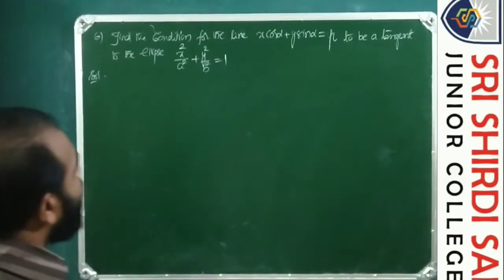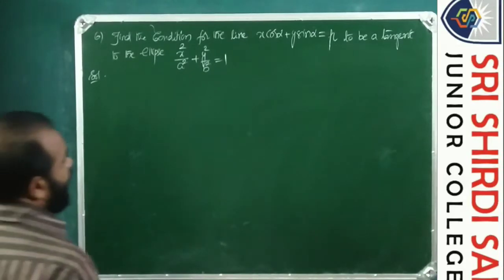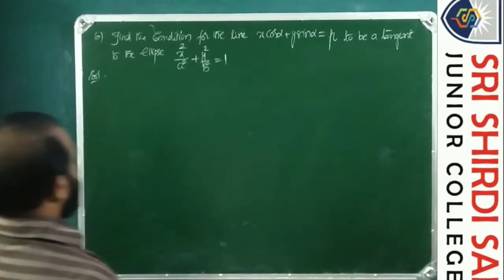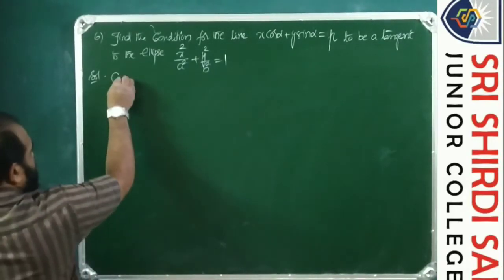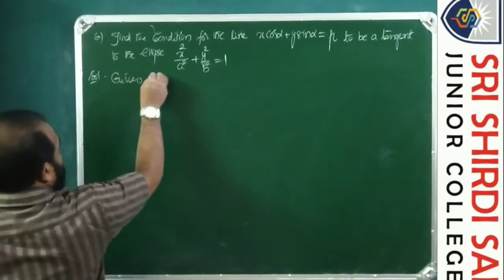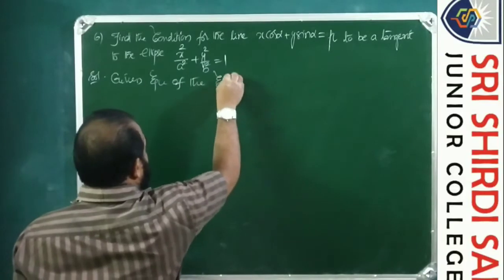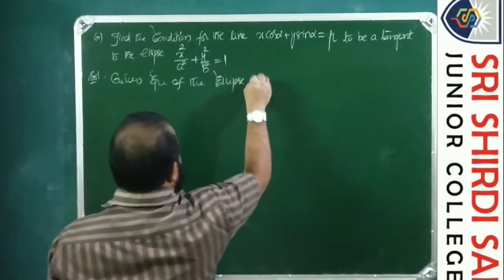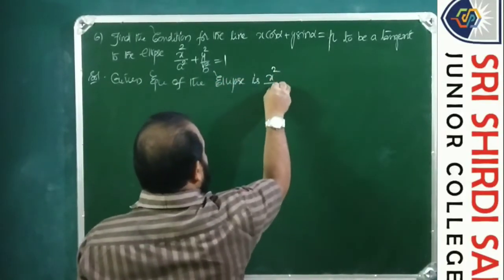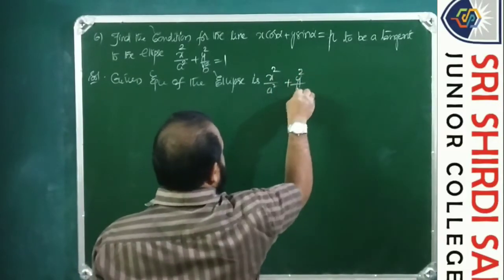Find the condition for the line x cos alpha plus y sin alpha equals to p to be a tangent to the ellipse. Given equation of the ellipse is x square by a square plus y square by b square equals to 1.